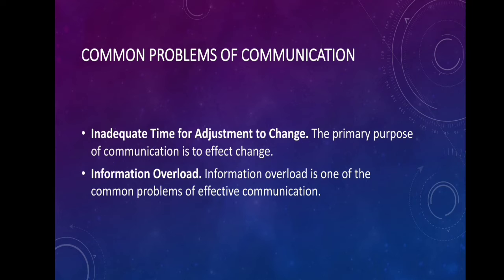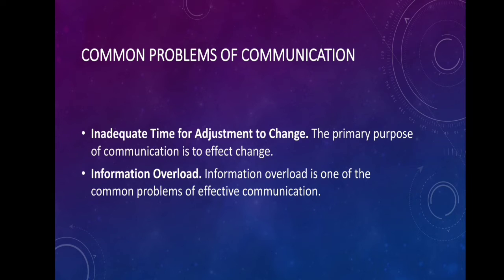Next, information overload. Information overload is one of the common problems of effective communication. Unrestricted flow may result in too much information. People respond to information overload in different ways. They may disregard certain information.